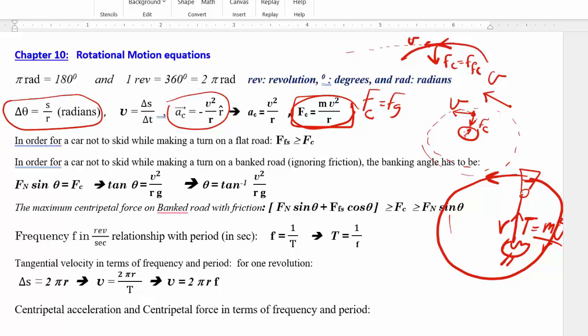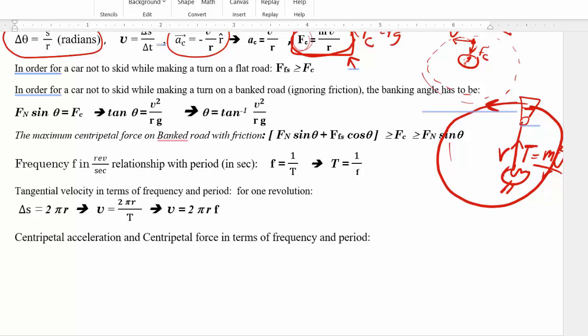So centripetal force could be any force that keeps the object in a circular motion, and this force has to be equal to the mass of the object times its tangential velocity squared, over the radius of the orbit of that object, in order for the object to move in a circular motion, or in an orbital motion as we describe it. Okay, so this equation is very important to understand, its implication and when it is applicable.